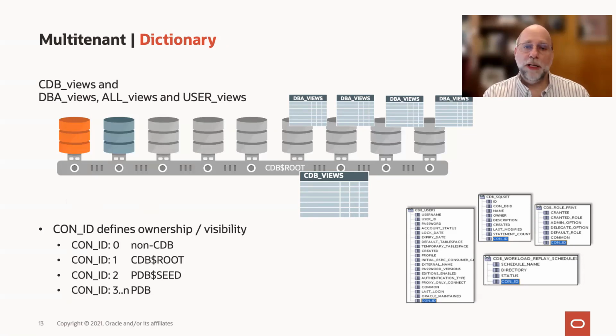But if you have a container database, then the value for the container ID is 1 for the CDB root, 2 for the PDB seed, and then 3 up to 4098 for the individual PDBs. So that means that every instantiation of Scott.tiger in one of those PDBs will have a different container ID associated with it. So you can see the entire view with the CDB tables view, but yet you can also then tell which table belongs to which pluggable database.